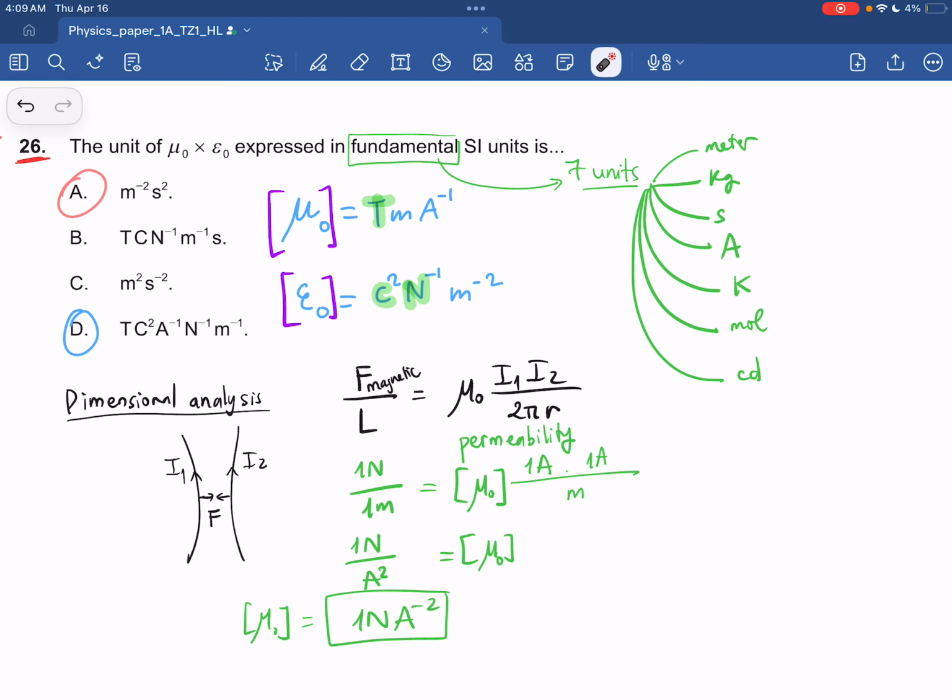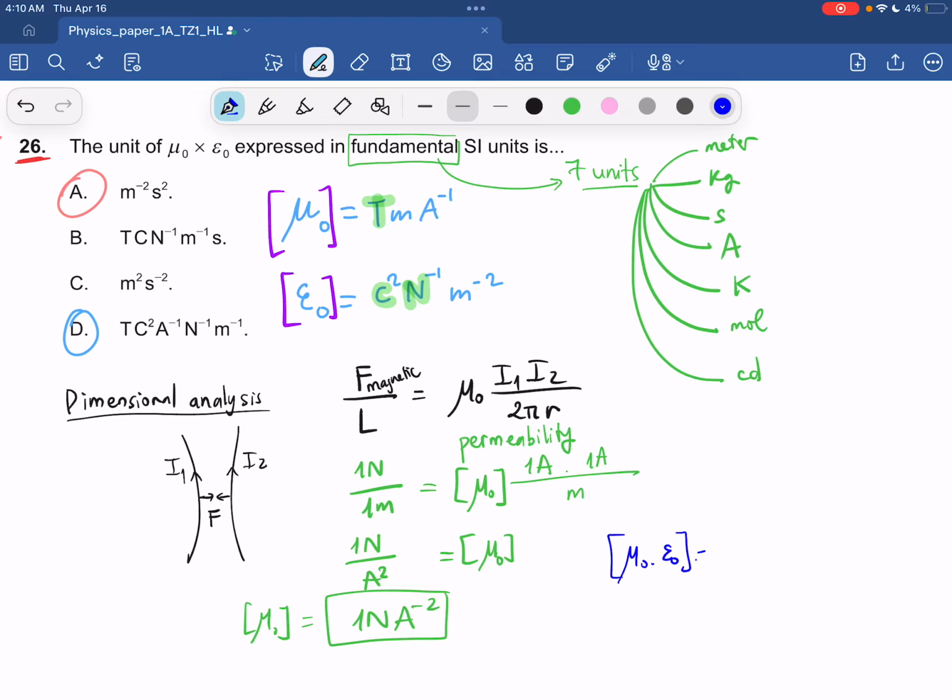We noticed that this one also has Newton, so Newton and Newton can cancel out. Maybe it can help to simplify the problem. So let's see what happens if we multiply them. We have mu naught times this one, the unit. Maybe just write out everything once again.